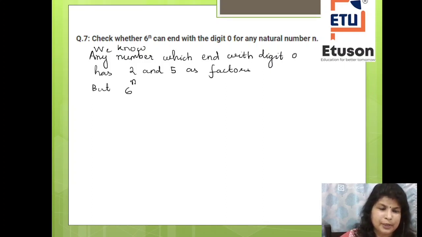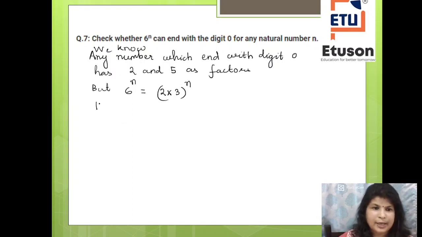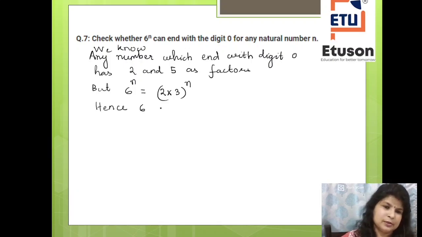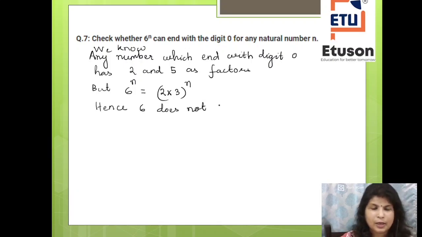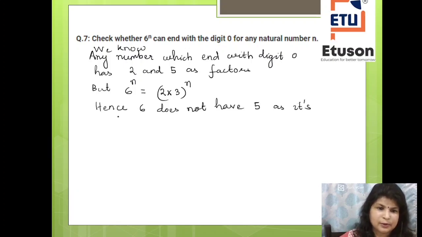But 6 to the power n is equal to 2 into 3 to the power n. Hence 6 does not have 5 as its factor.